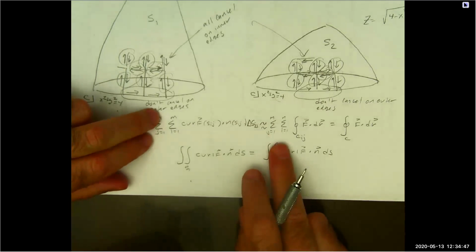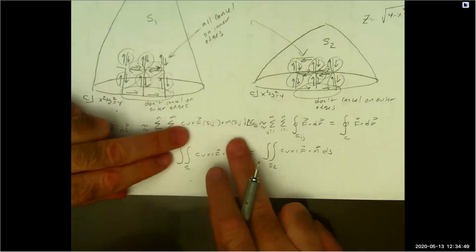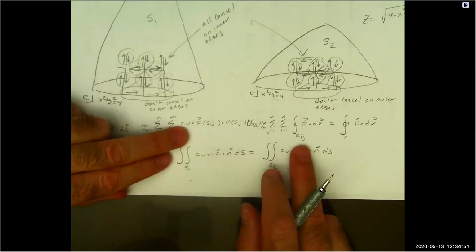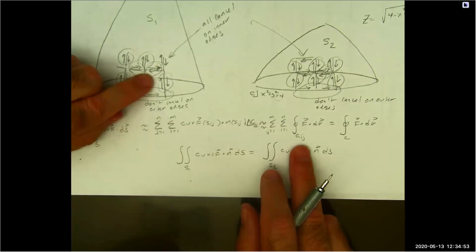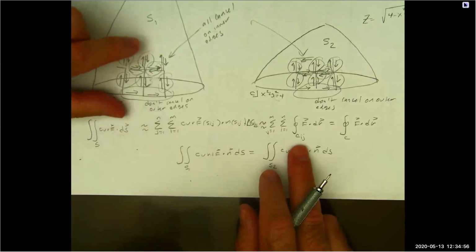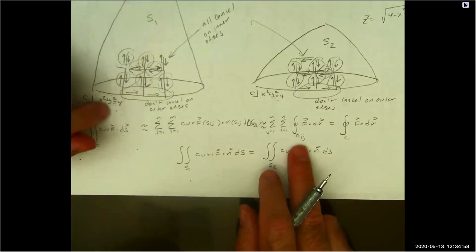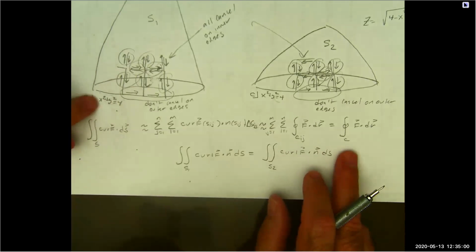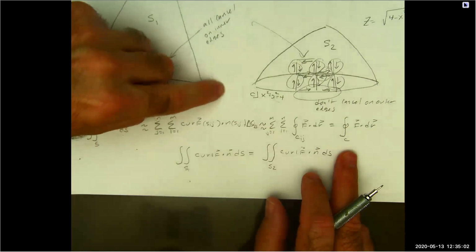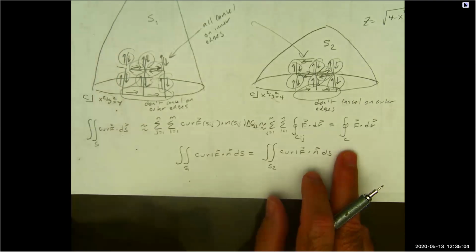And each of these curl density times this area is approximately equal to the circulation around these guys. But you can see that what's going to happen is that everything's going to cancel, and we're going to be left with the circulation just along the boundary curve here. Everything else will cancel out.